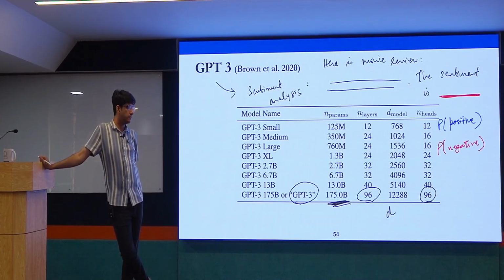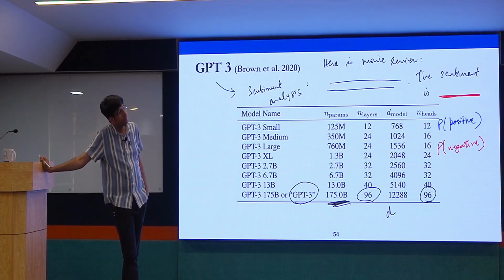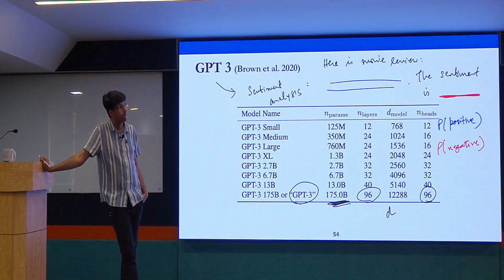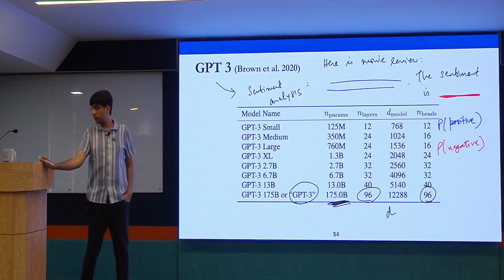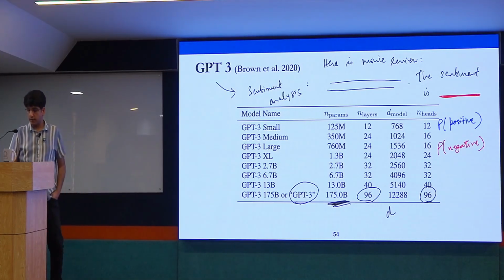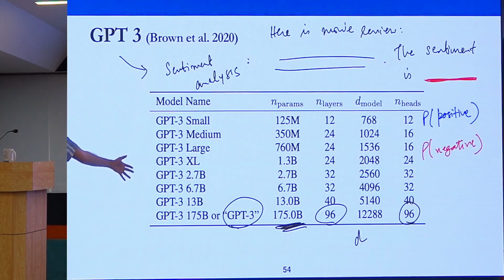We have a model and then we have a task, and for that task we have not tuned that model by providing labels of whether it's positive or negative. Here you are just using lots and lots of articles on the internet to do the pre-training. For the task, you just give examples.